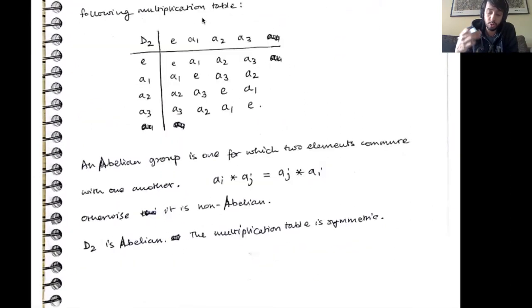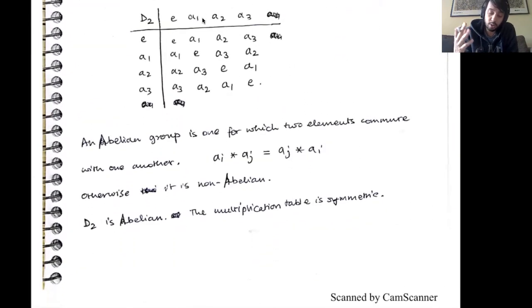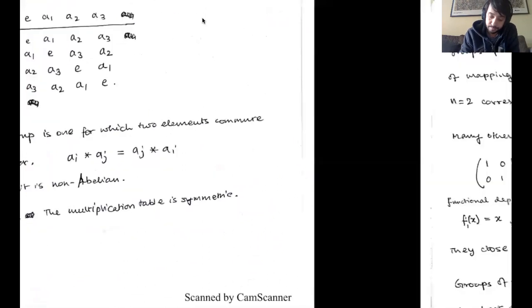I also told you about something we will see going ahead, which is called an abelian group versus a non-abelian group. An abelian group is where a_i star a_j is equal to a_j star a_i. D2 is an abelian group. We will see some examples of non-abelian groups going forward.